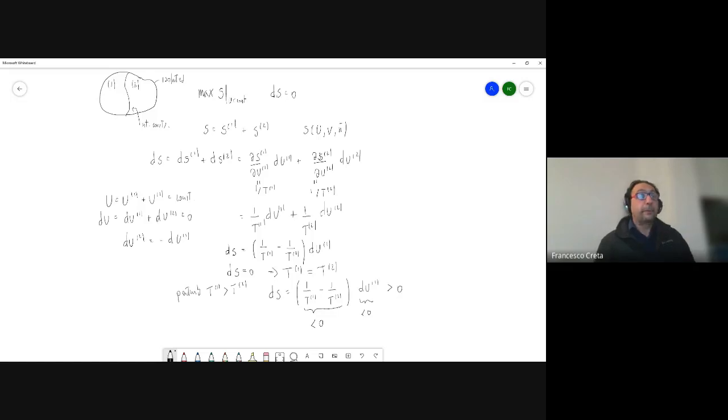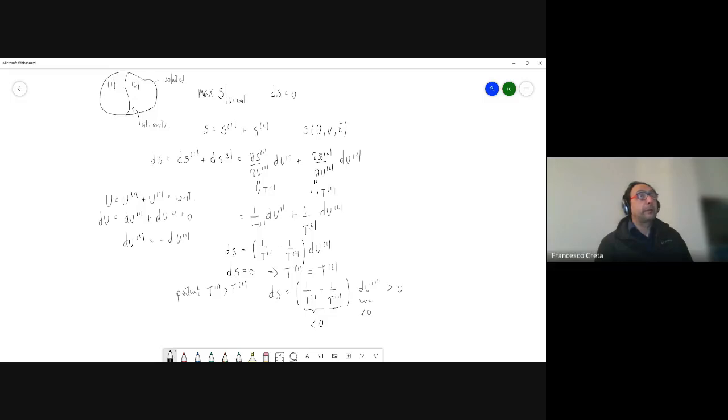So look what happens now. I make this hotter than this, so T1 is bigger than T2, and the system responds by letting dU1 be negative.